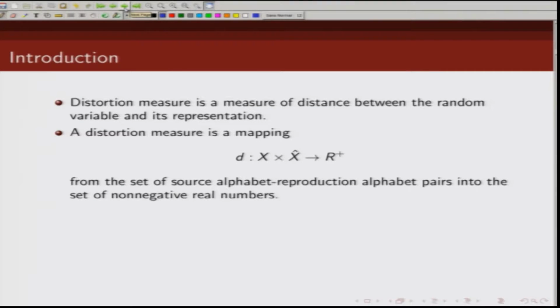A distortion measure is a mapping of the set of source alphabet and reproduction alphabet pairs into a set of non-negative real numbers, and this set of non-negative real numbers will specify how much the source alphabet differs from the reproduced alphabet.